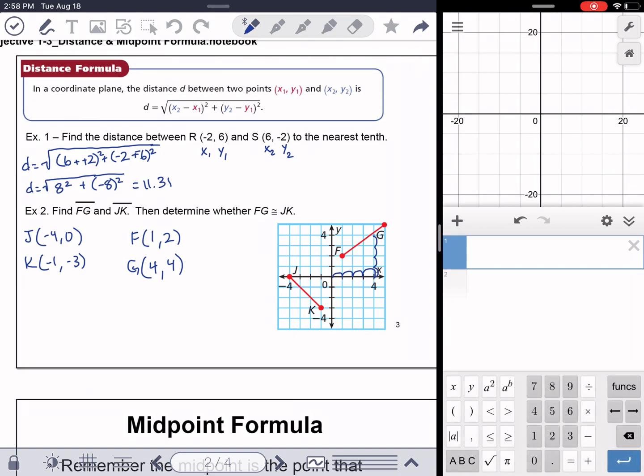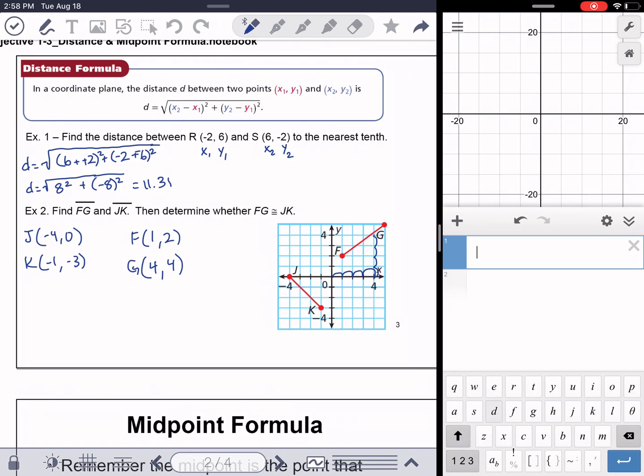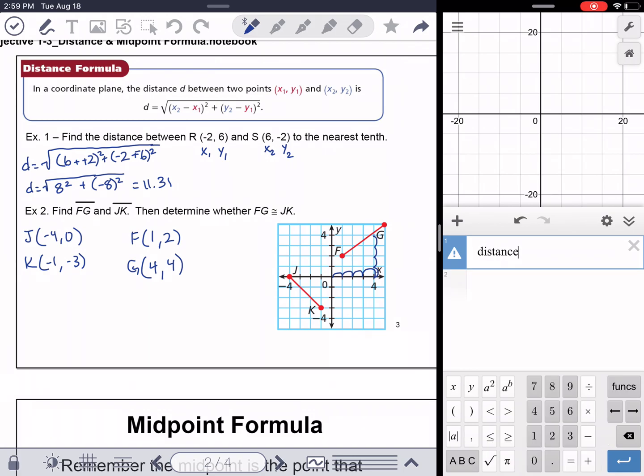So now I'm going to go over here. I'm going to hit the ABC button to get a keypad up. Type in the word distance. I'm hitting that 1, 2, 3 button to go back. I'm going to put in some parentheses, and then I'm going to put in some more parentheses.